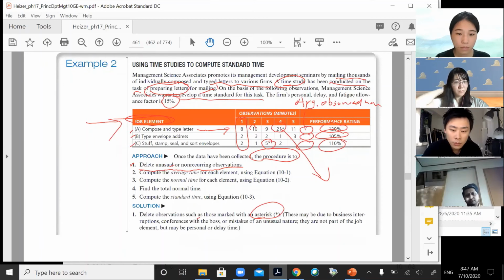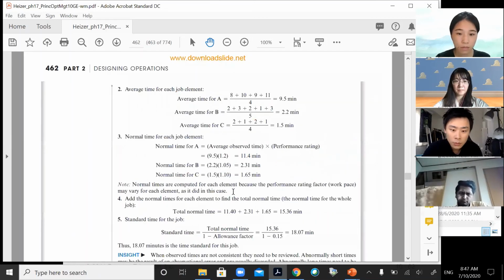Then only you can go to the second step, which is to compute the average time for each job element. So average A is 8 plus 10 plus 9 plus 11 divided by 4 only, because 21 was removed. So you get 9.5 minutes. B, 2.2 minutes. C, 1.5 minutes.